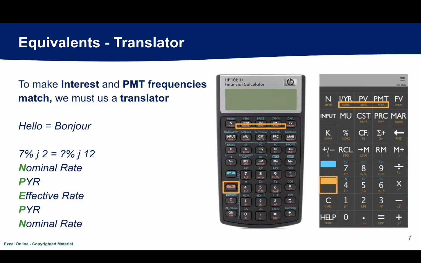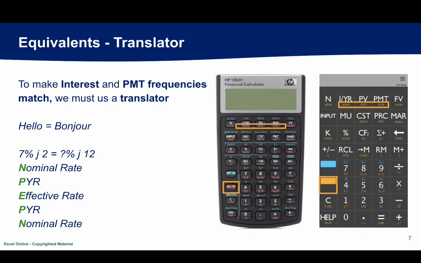When we are faced with questions that give us a rate where the compounding frequency does not match the payment frequency, we have to find the equivalent rate that matches the payment frequency. To achieve this, we need to use a translator.